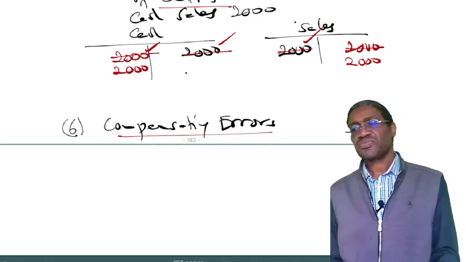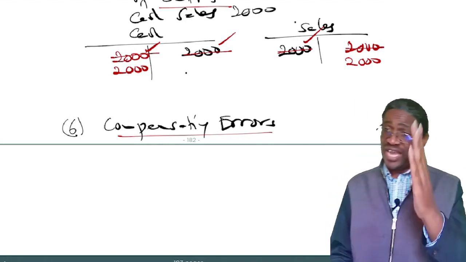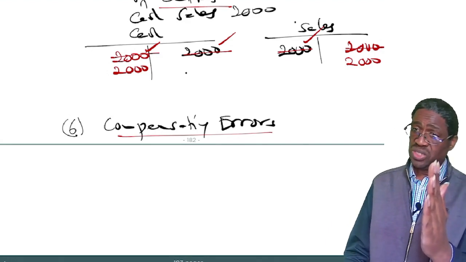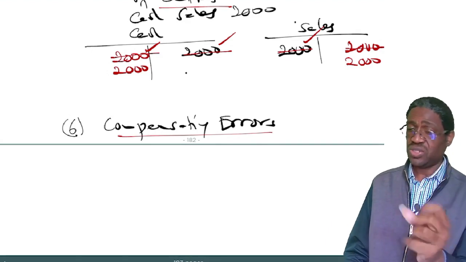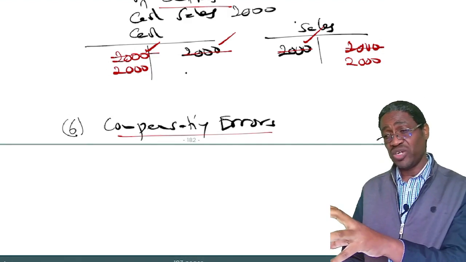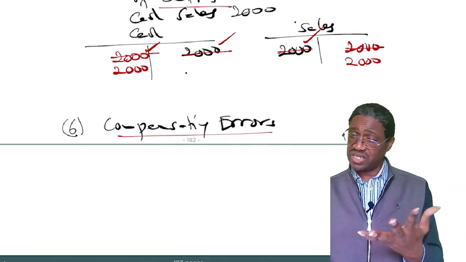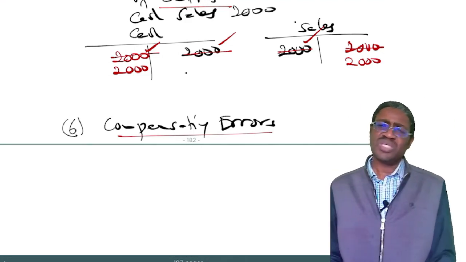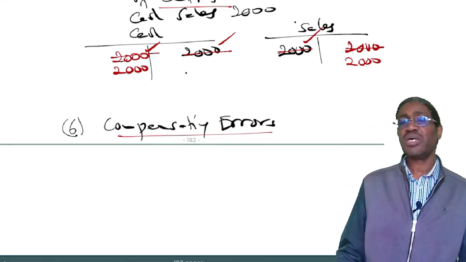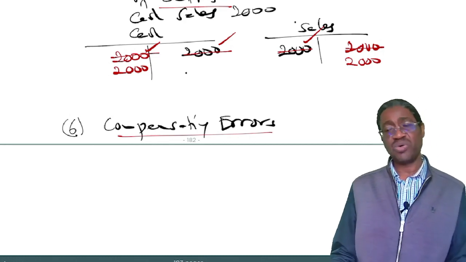Good. So one item on the debit, which is the purchases, is undercasted by 2,000. One item on the credit of the trial balance, which is sales, is also undercasted by 2,000. The trial balance will still balance.